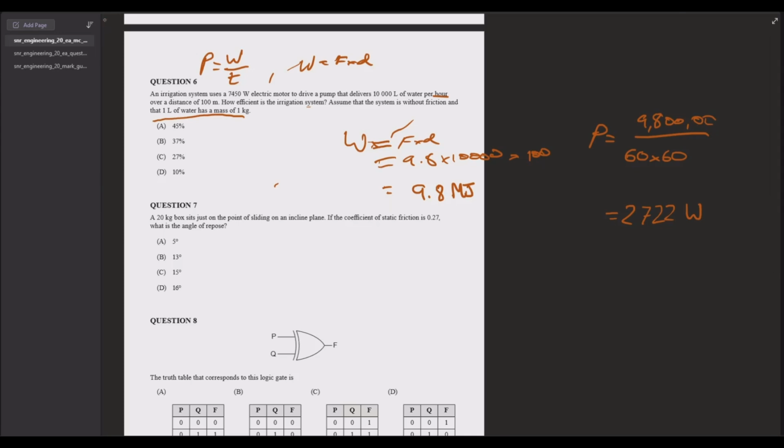If we compare that to 7,450 by dividing it, we take that and divide it by 7,450 watts, it's going to leave us with a percentage of 36.5%, and that's going to be B.